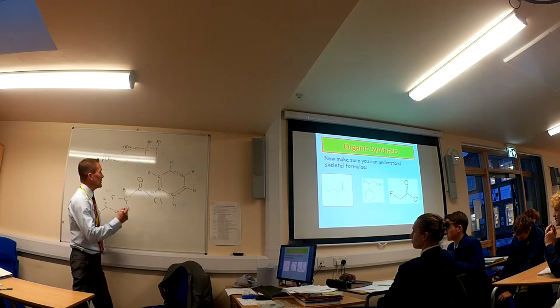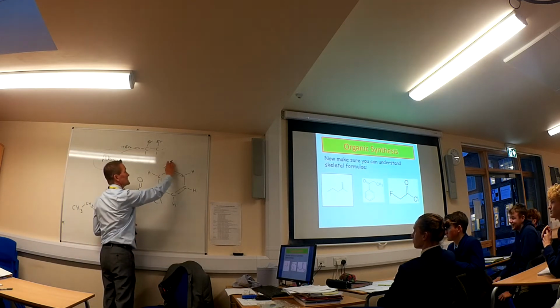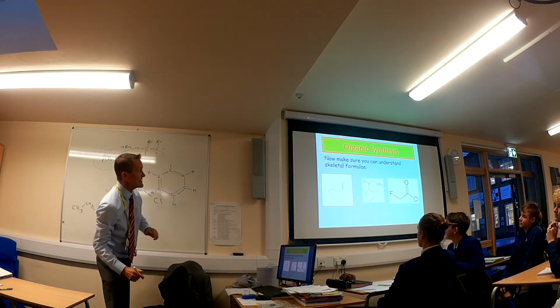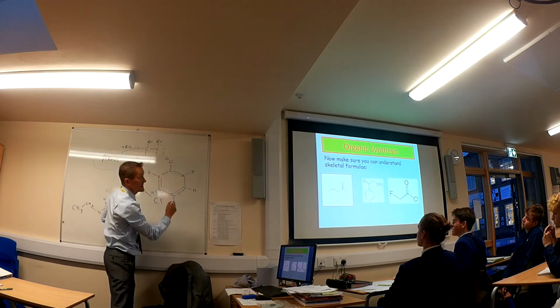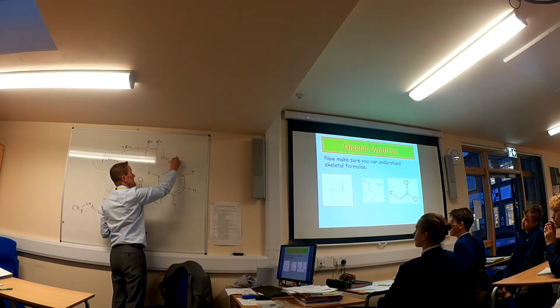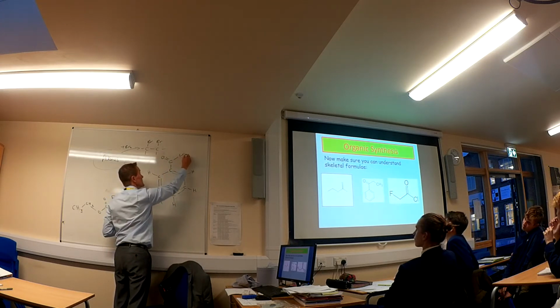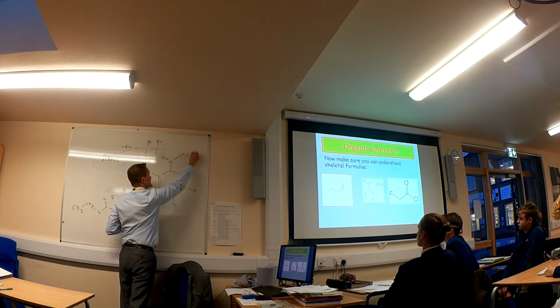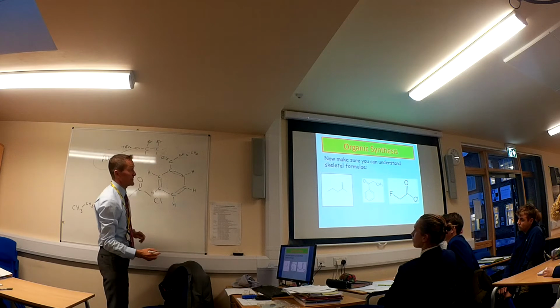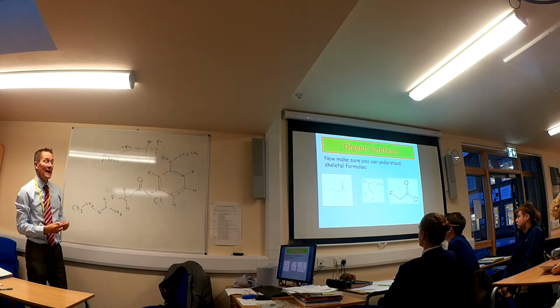And the stuff at the top, we take off one of the hydrogens, because we're going to attach it to a carbon, which has a double bond and an oxygen, and then a CH2 and a CH3. This time they've put the CH3 in there, haven't they? Right, so that's what that looks like.